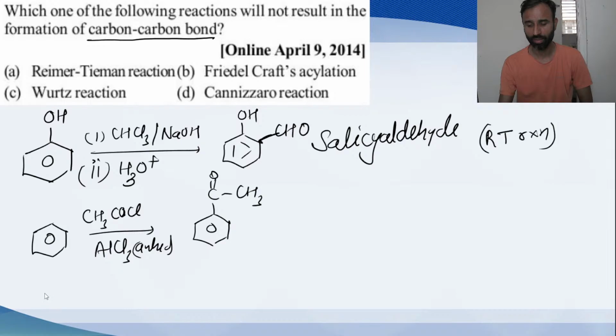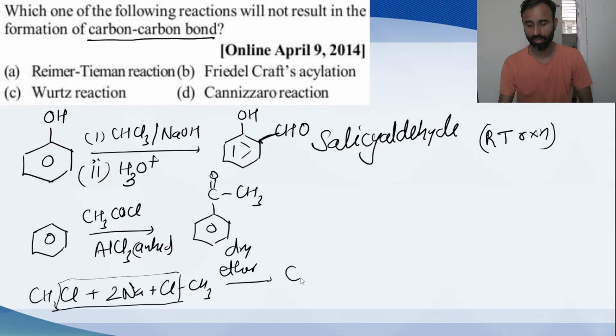In Wurtz reaction, methyl chloride or any halide in the presence of dry ether will give an alkane with an even number of carbon atoms. That is, a carbon-carbon bond is formed in all three A, B, and C.